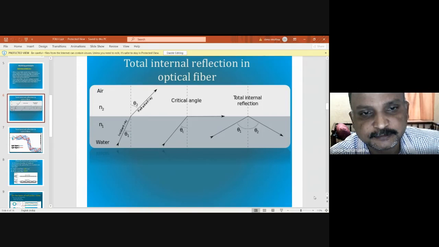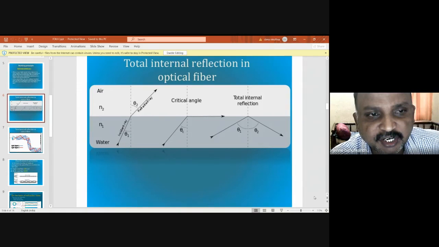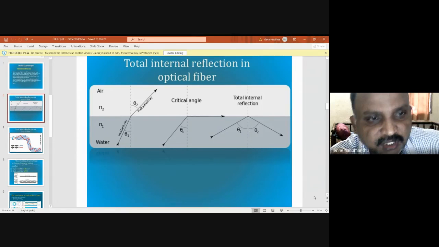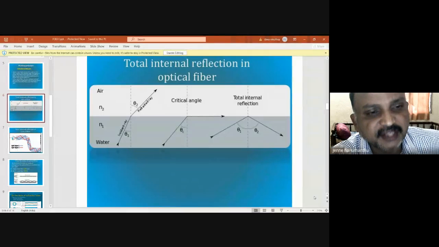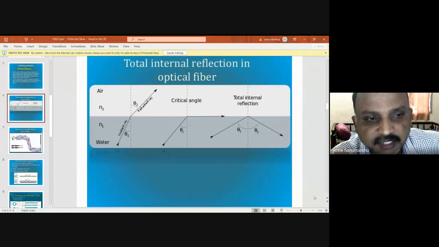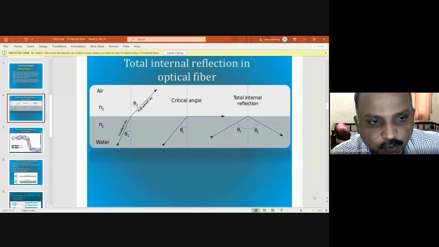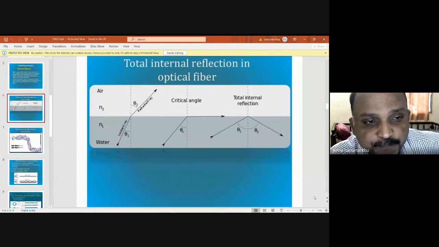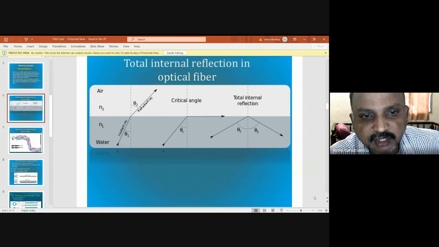So what is the meaning of total internal reflection? It means that when the light falls on the core, the same light stays within the core only. No refracted ray in the cladding. Whatever light entered the core, the same light stays within the core.